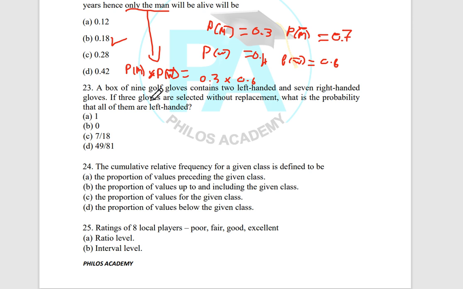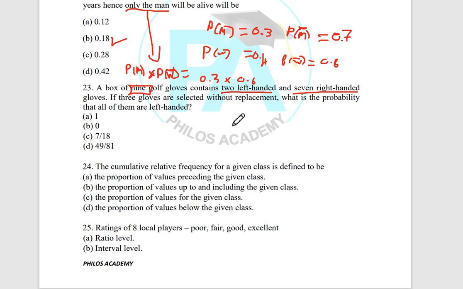Now let's see. They say a box contains 9 gloves. 9, that's the total number, right? 2 are left-handed, 7 right-handed, isn't it? Now, if 3 gloves are selected without replacement, what is the probability that all of them are left-handed?